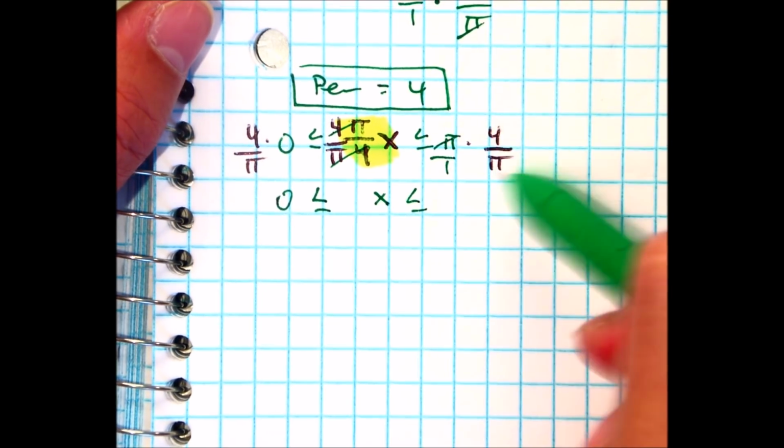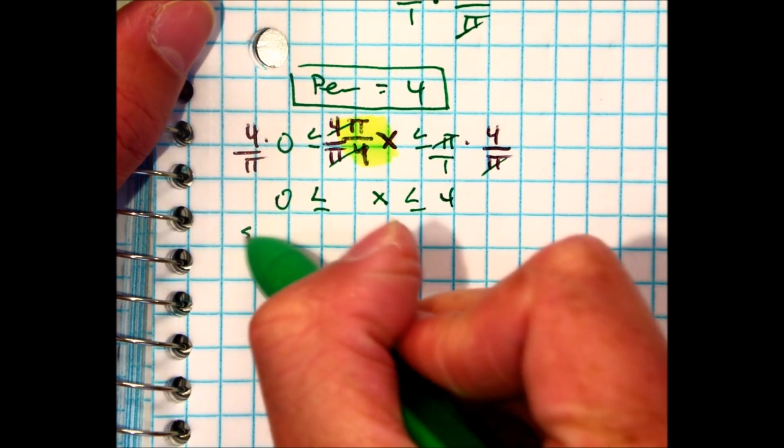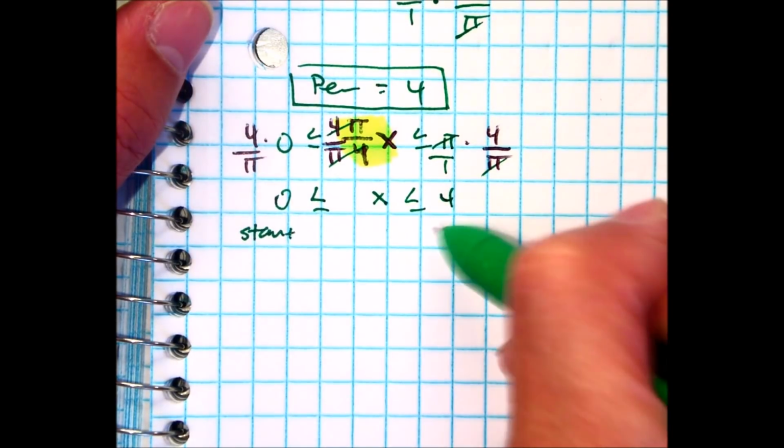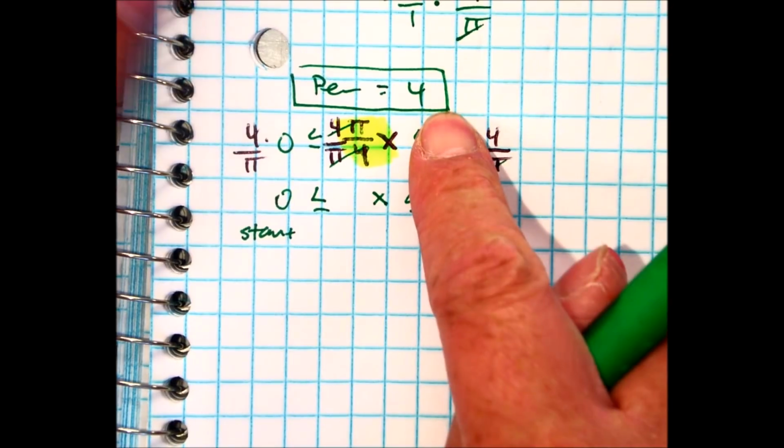And if you cancel your pi's there, you're just left with 4. So you're going to start at 0 and end at 4, and you'll recognize that as a distance of 4.